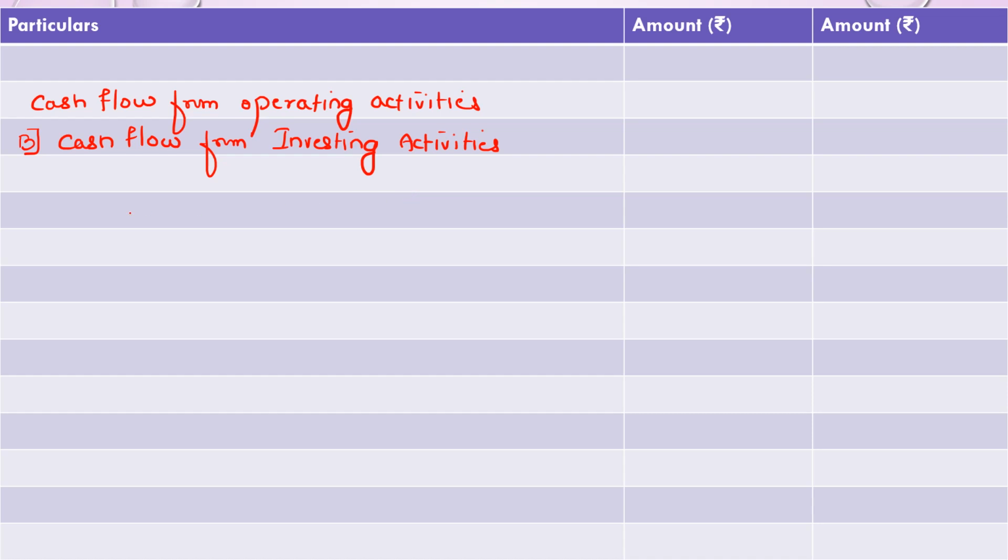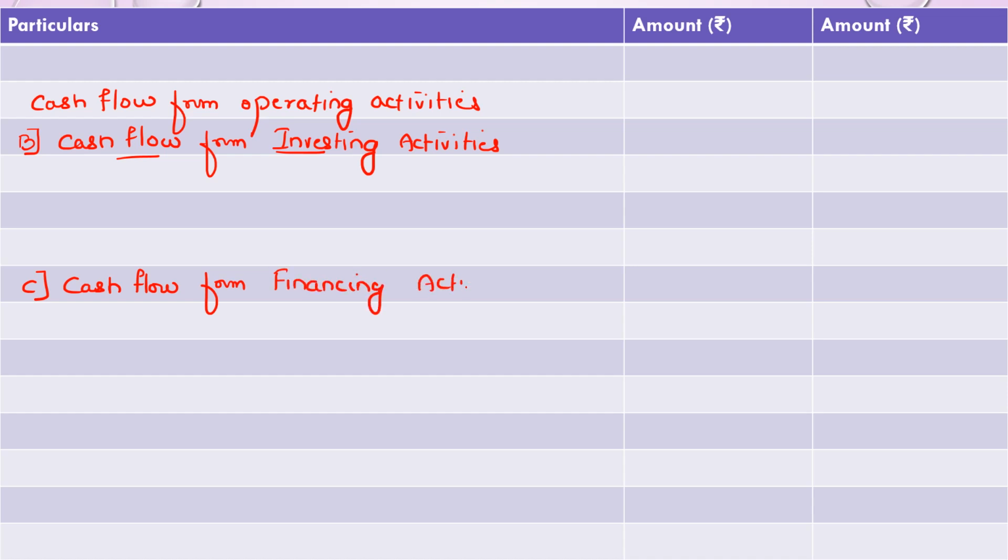So at least 2 items are going to be there. So I leave 2 lines for that, 1 more additional line, and there's nothing else I remember related to investing activity. So we can move further and put the third, cash flow from financing activity.